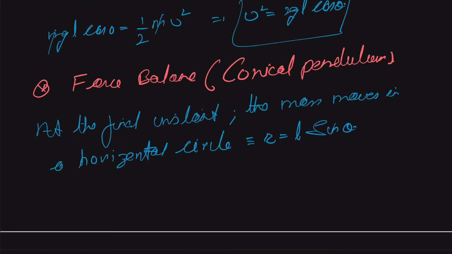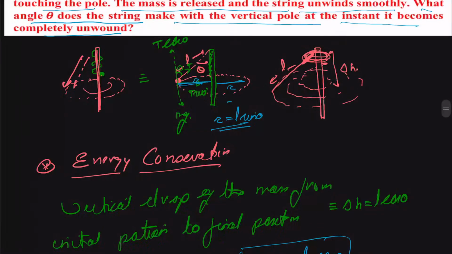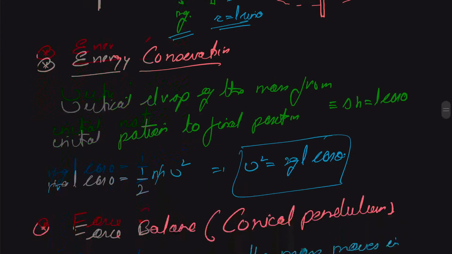And we can do a balance: T cos theta will be equal to mg, and similarly horizontally, T sin theta will give the necessary centripetal force.